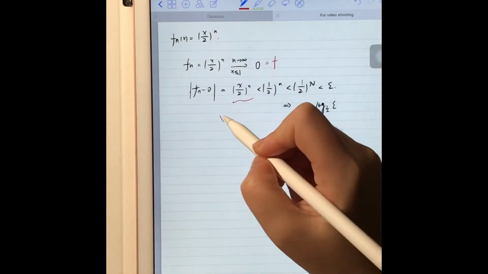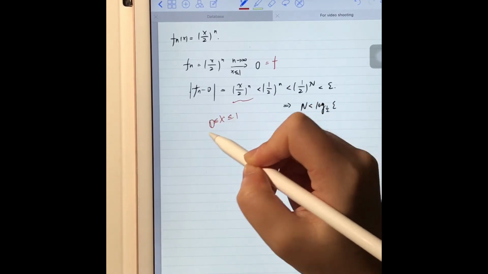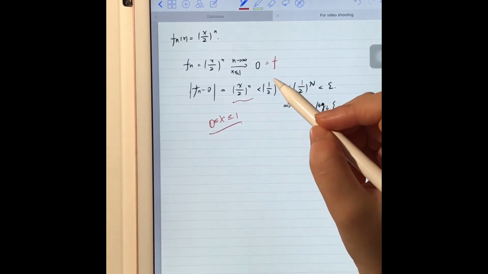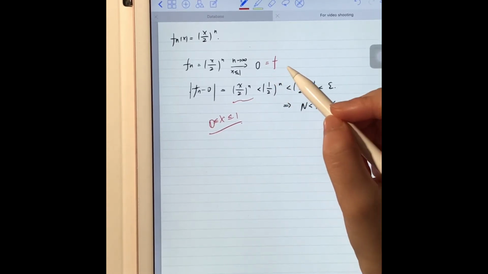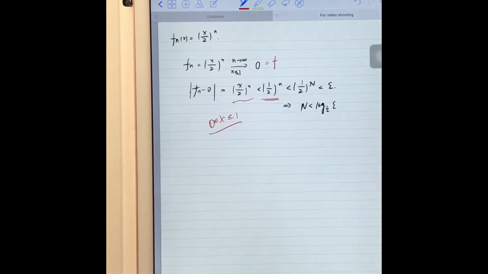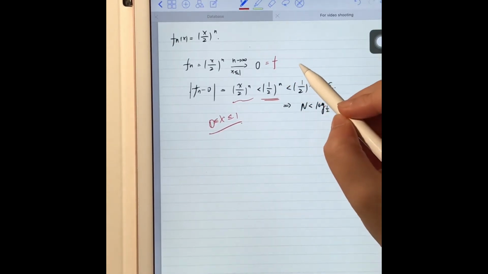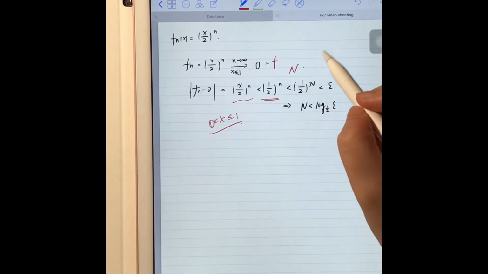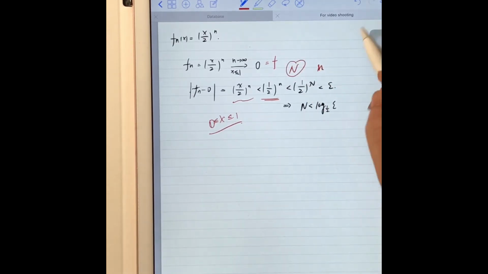And since we know x is smaller than 1, x over 2 to the n will be smaller than 1 over 2 to the n, right? And we are trying to find a natural number N such that the functions after N, that is to say, for n larger than the natural number, must satisfy that criterion.